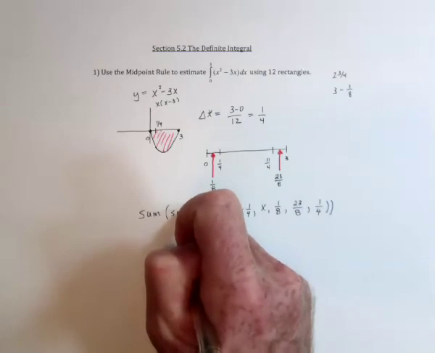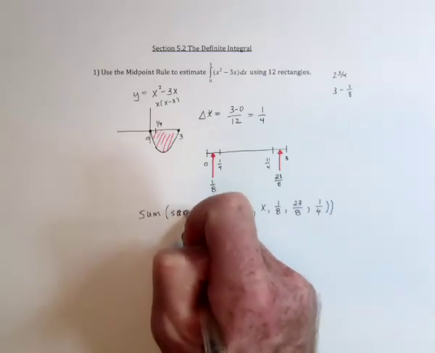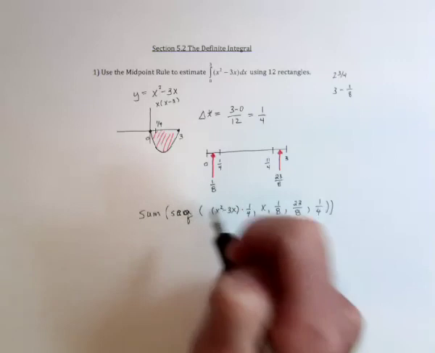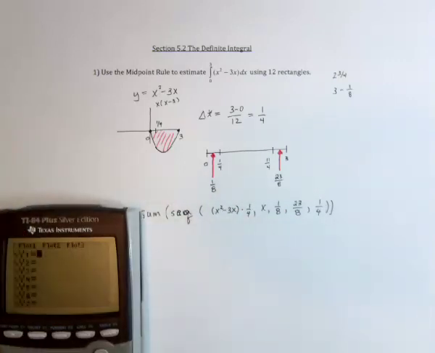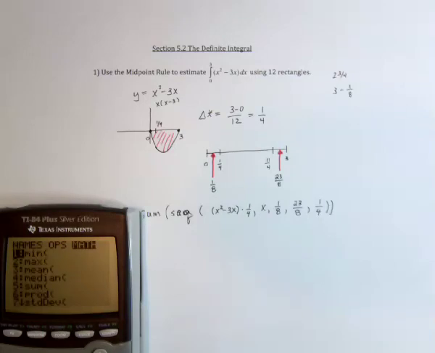This is sum the sequence. So second list, go over to math. Number 5 is sum.